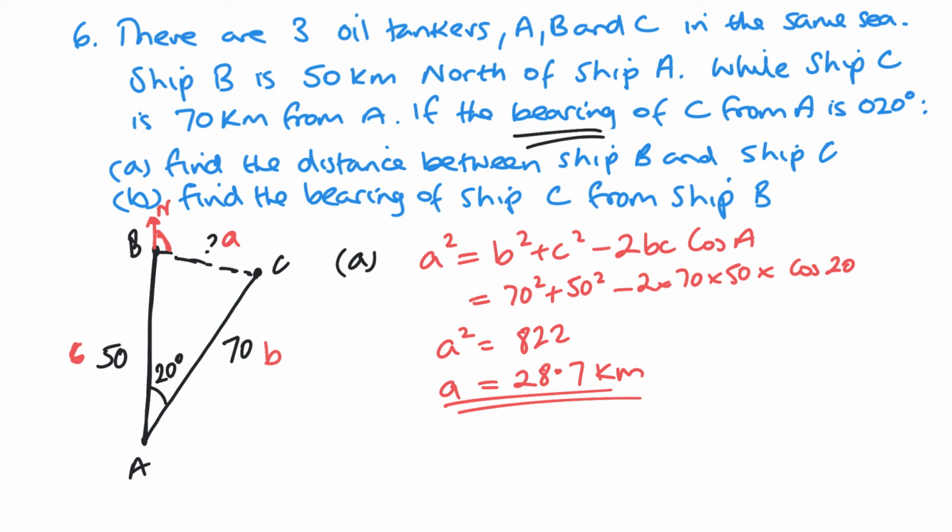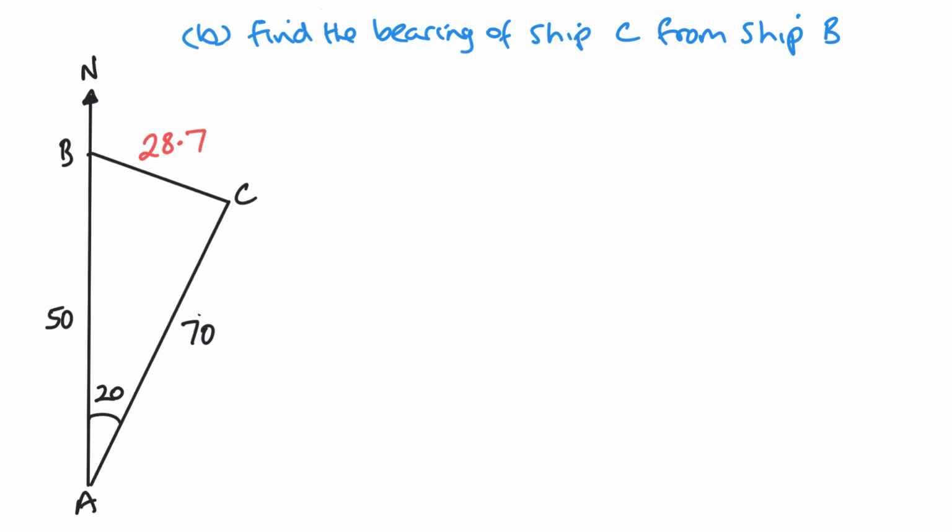Okay, it's important to think about these if they make sense. It's quite easy for students to forget to take the square root there, especially under exam conditions. Okay, I've made a bit of room here and redrawn my triangle so that you can see. Now, I've got this 28.7 kilometers. I should always keep the full value though in my calculator. Best thing to do is to store it as a letter. So just hit store and then pick a letter like A, B, C or whatever.